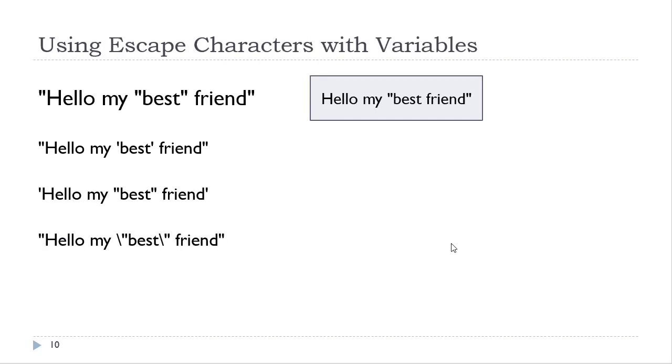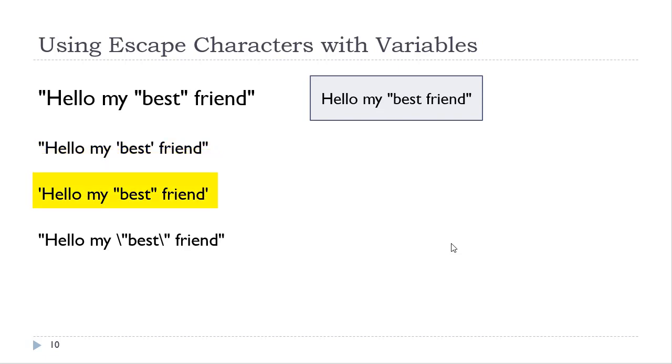You will probably come across the concept of using escape characters with variables. Sometimes we might want to have a quotation inside the variable. However, in the first example, you can't use double quotes twice. Therefore, you have several alternatives. You can have double quotes on the outside and single quotes on the inside.